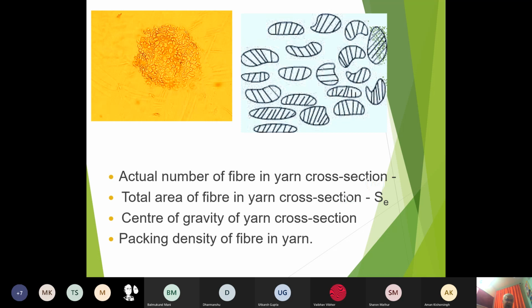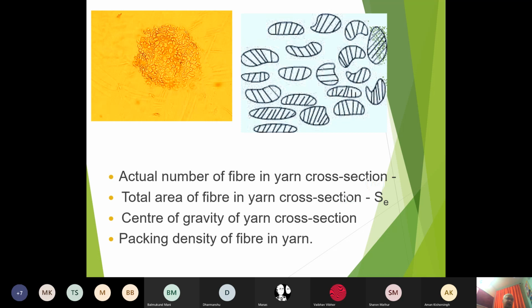Or suppose I'm making yarn with different draft levels on a ring frame, say 20 draft or 40 draft. The diameter of yarn with 40 draft will be lesser, because the drafting force is higher and that brings the fibers closer during drafting, and automatically the yarn diameter reduces.